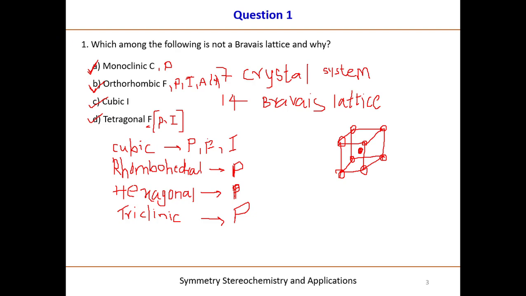So the correct answer is tetragonal F. According to the question, this is the correct answer. Tetragonal face centered is not a Bravais lattice because it doesn't have the symmetry. So I hope this question is clear to you. We will move to the next question now.